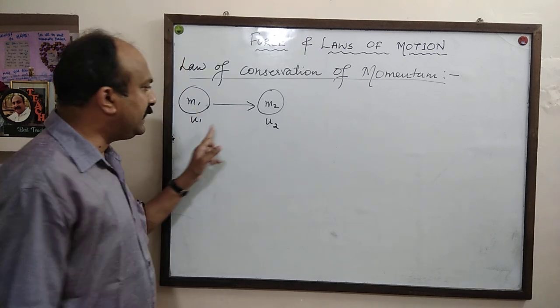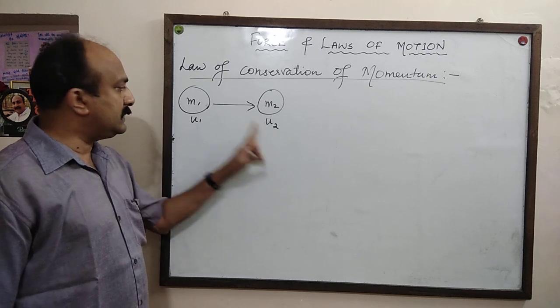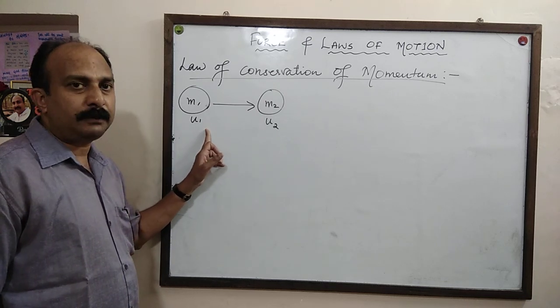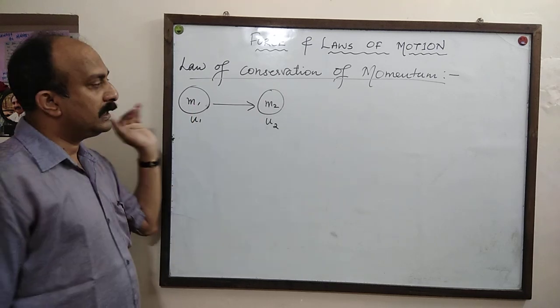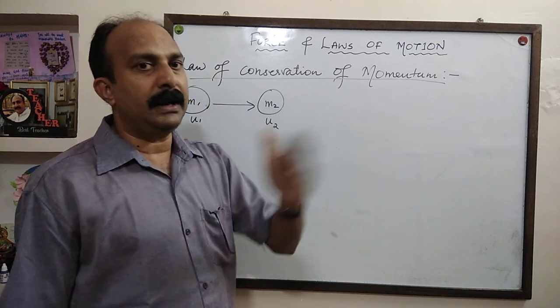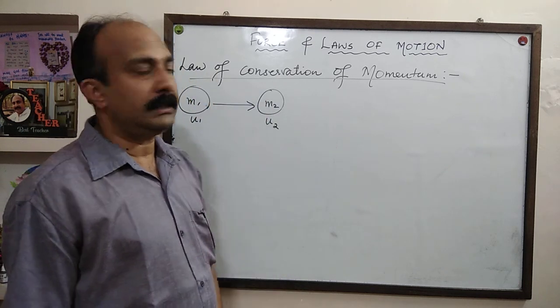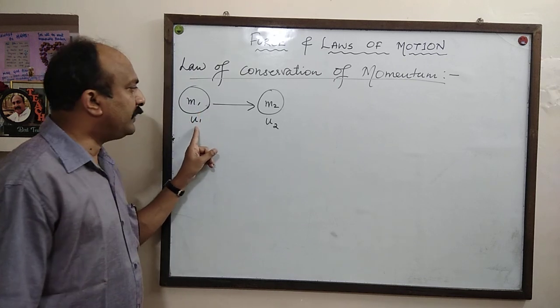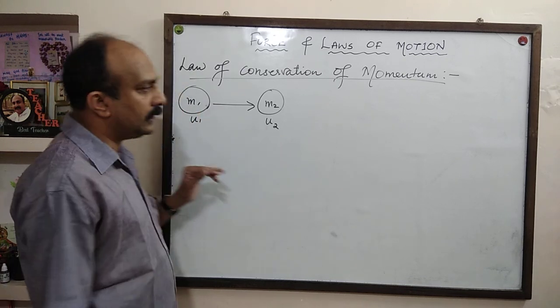Suppose u1 is greater than u2. That means the velocity of the first body is greater than the second body. So if they are moving in the same straight line path, after some time the first body will collide with the second body.